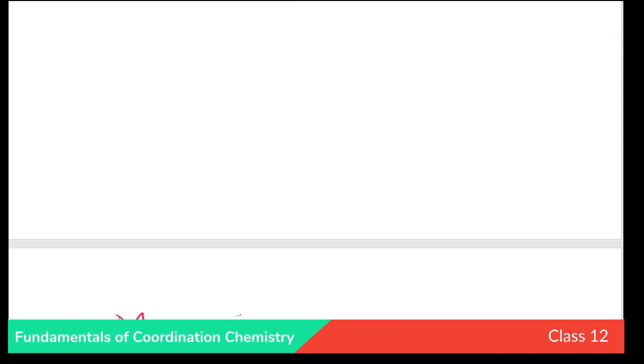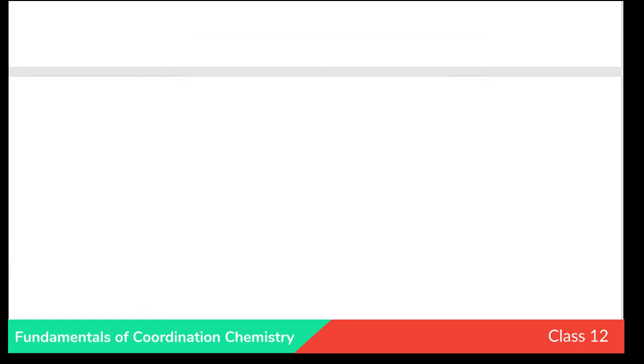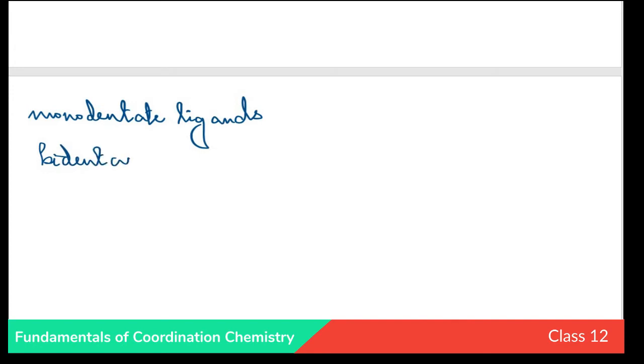But primarily the ones which we use in our 11-12 syllabus are monodentate ligands, bidentate ligands, neutral ligands, and of course we use one more thing which is little common in this case, chelating ligands.